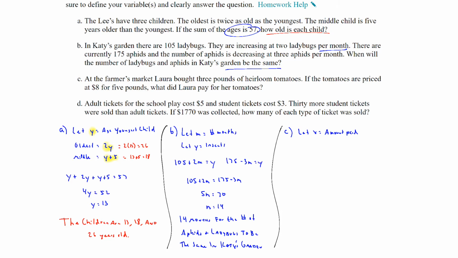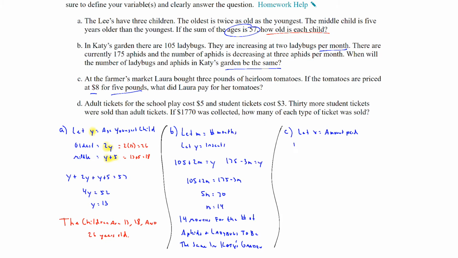Okay. And then we can go through here, and if she bought 3 pounds of tomatoes, and if the tomatoes are priced at $8 for 5 pounds, so we don't know what they cost per pound. I think I said that wrong originally, but we know that she's paying $8 for 5 pounds. So we can set up a proportion here, I think.